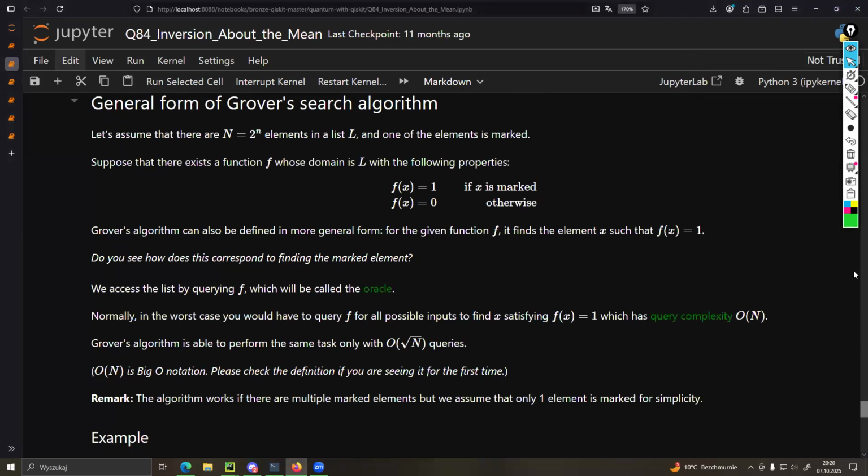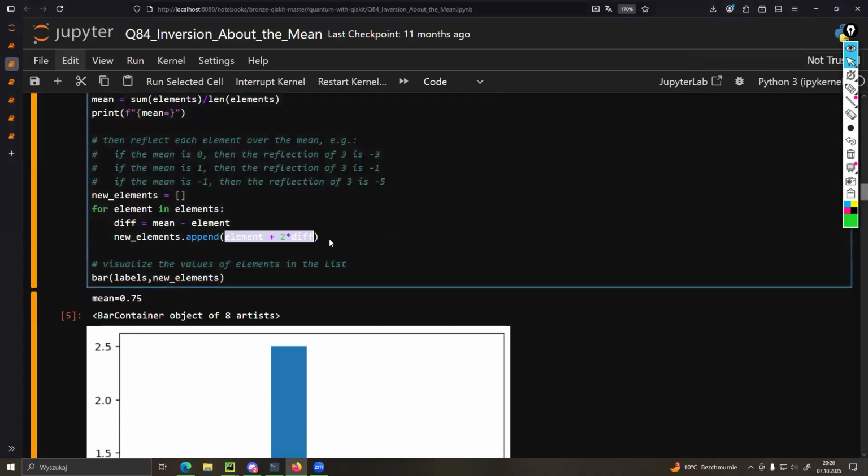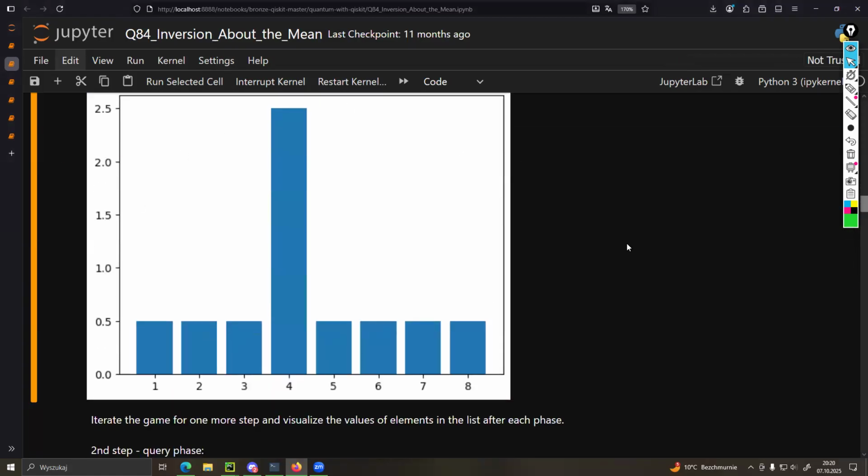So this was our initial solution. As you can see, there's element plus 2 times diff, and this allowed us to perform this diffusion.